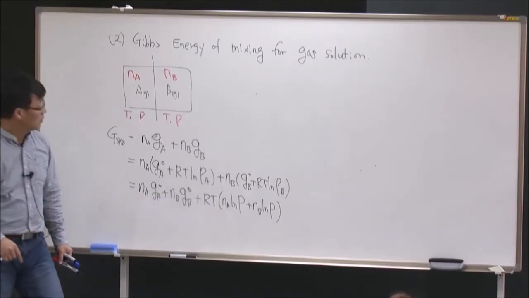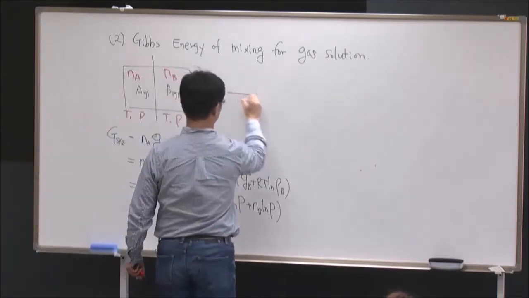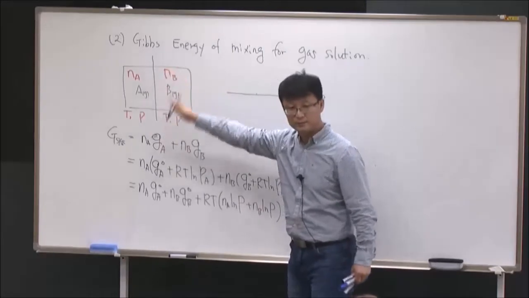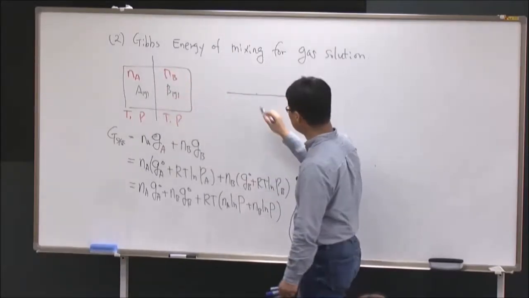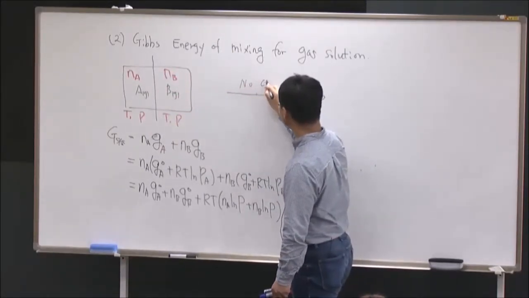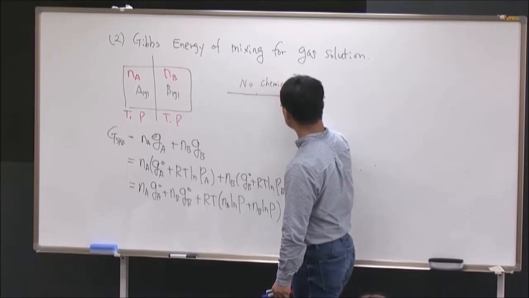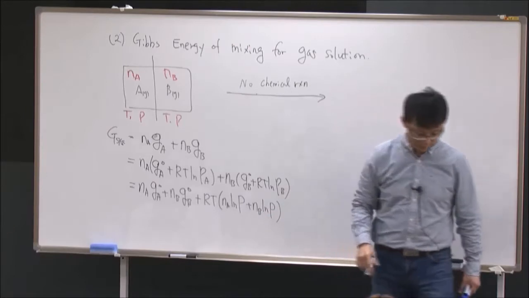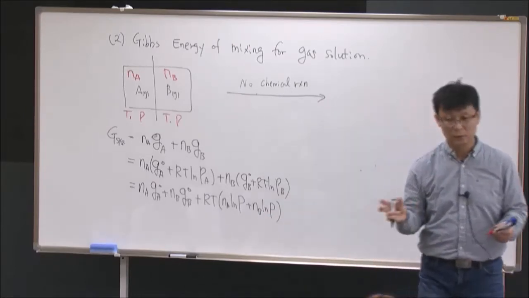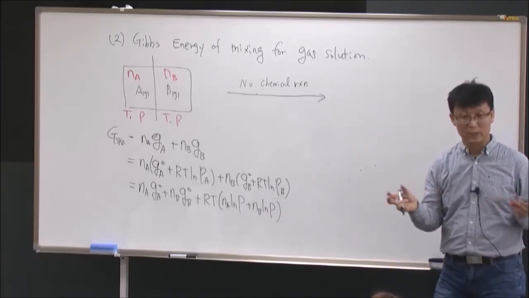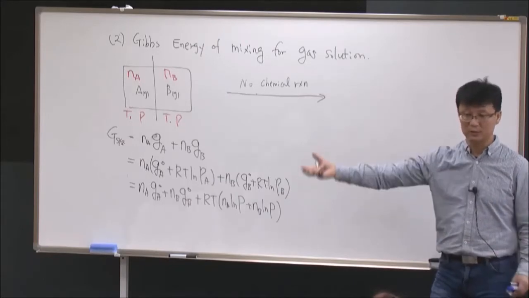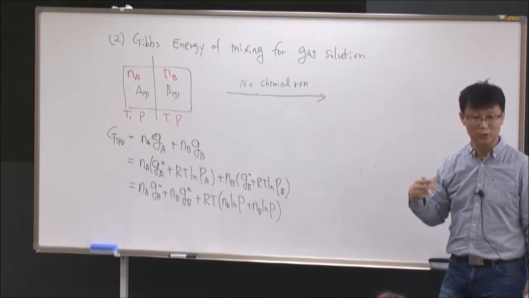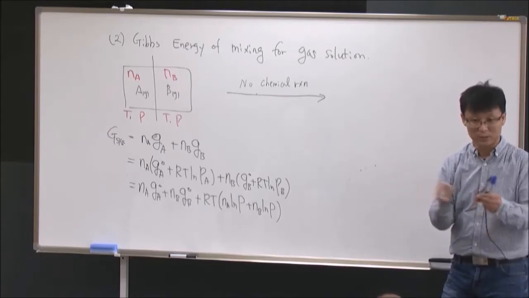Okay? Good? Okay, so now let's just remove this barrier. And there's one assumption: no chemical reaction. So it means A and B, for example, sometimes can have a chemical reaction. For example, if A is CO and B is oxygen gas, it can make CO2 gas during the mixing.